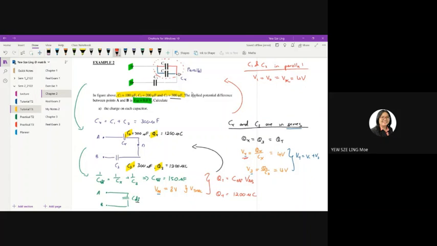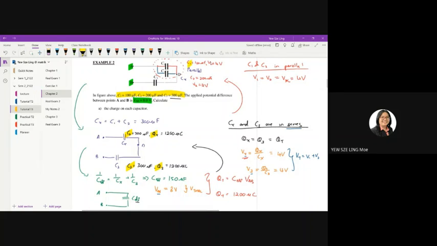Again, if you look at these solutions once again, now I have C1 equals 100 microfarad, V1 equals 4 volt, C2 equals 200 microfarad, and V2 equals 4 volt.